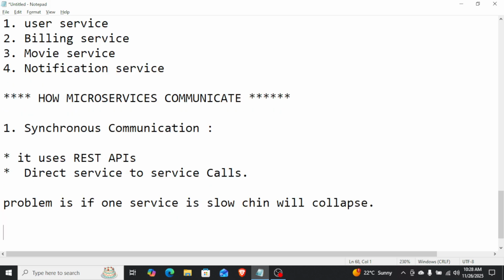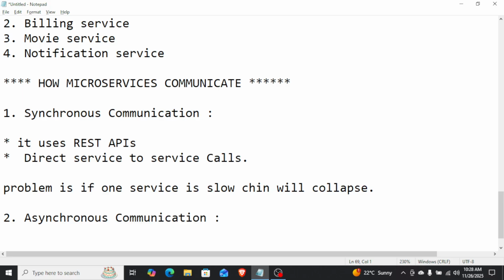Now we will see the other type of communication, that is asynchronous communication. One is message queues, like Kafka.